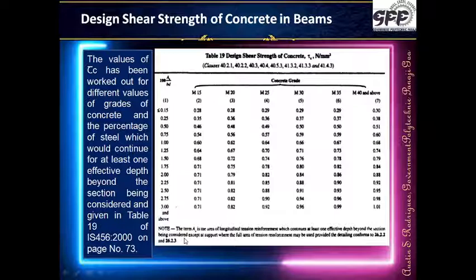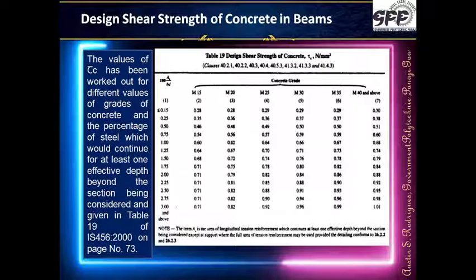That means in a particular beam at any particular point, if we want to design for shear, at that point we have to check how much steel has been provided in tension. The second thing we have to check is whether that steel continues for a length of at least one effective depth further towards the support. Only then will that amount of steel be considered.